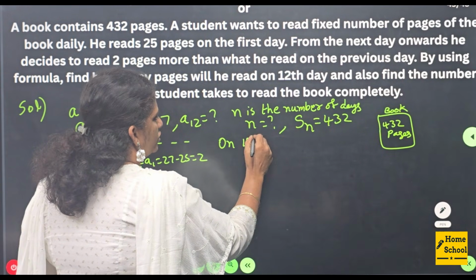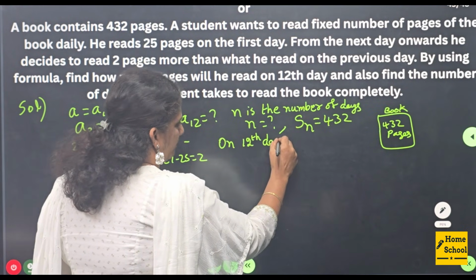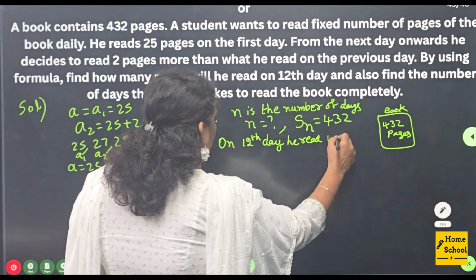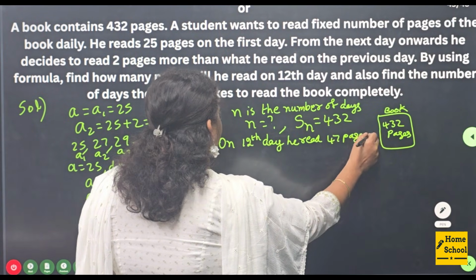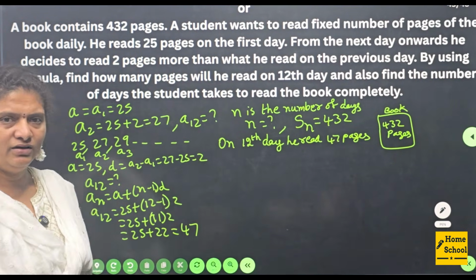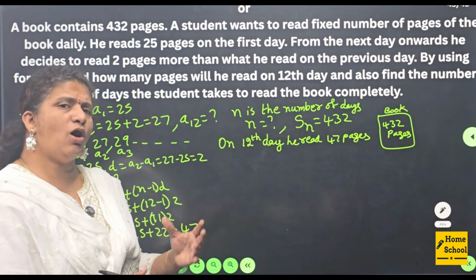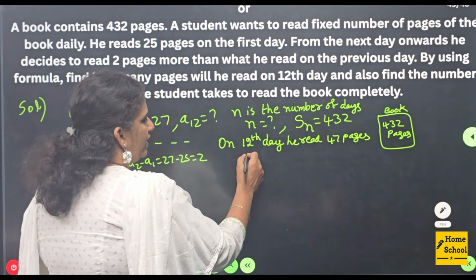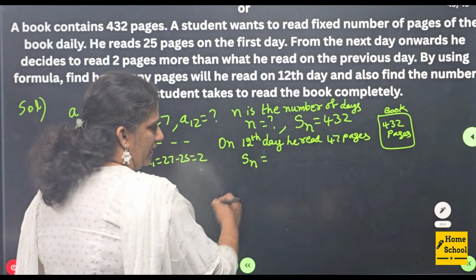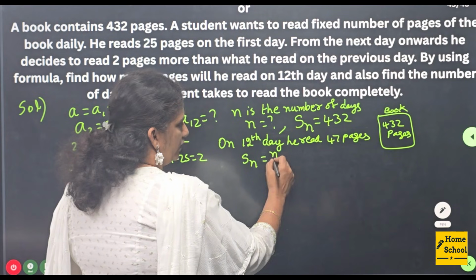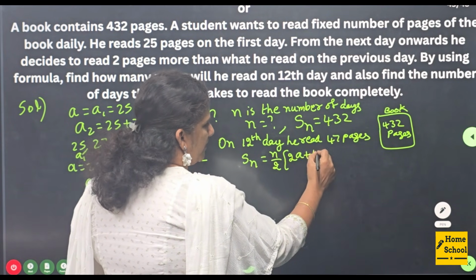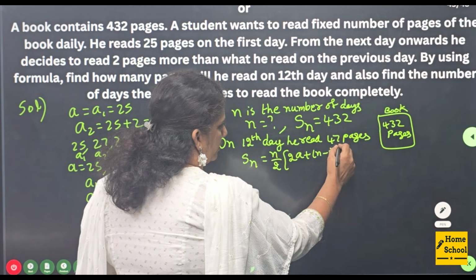On the 12th day, he read 47 pages. Right? 47 pages. How many days did he take to complete this book? That means we need to go for the Sn formula. Sn is equal to n by 2 into (2a plus (n minus 1) into d).